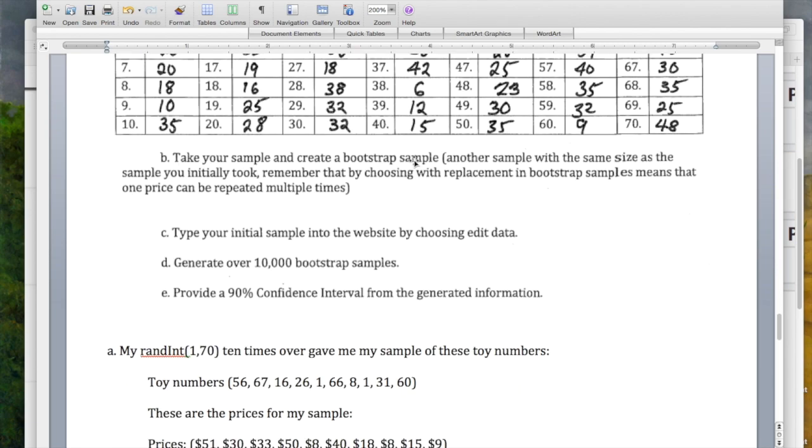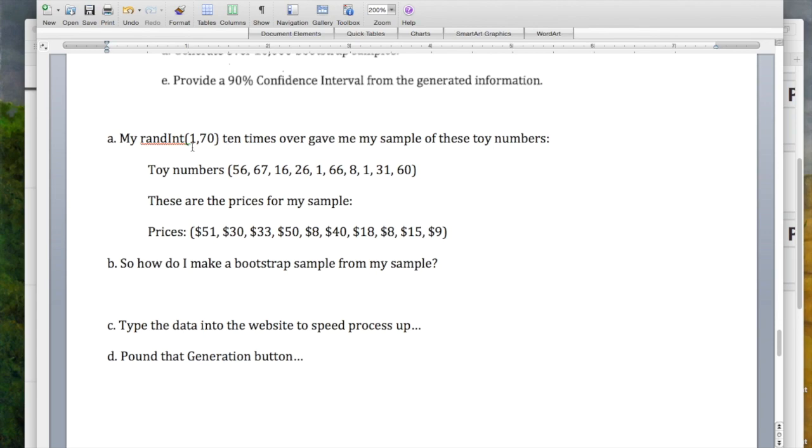Unpause when you're ready, and I'll just show you the results that I got. So when I used random integer 1 through 70, and remember to get to that, it's pressing math and going to the PRB menu. I did that 10 times, and I got the following toy numbers, and that is my bootstrap sample. I'm sorry, that is my original sample.